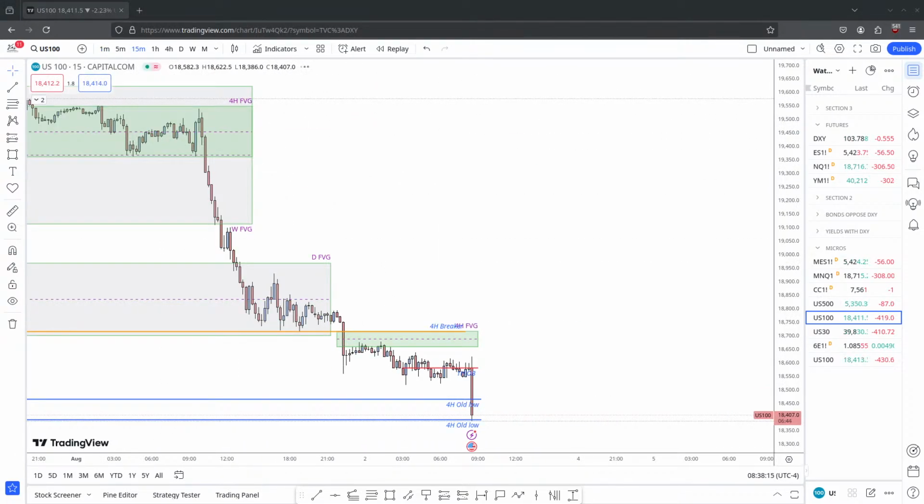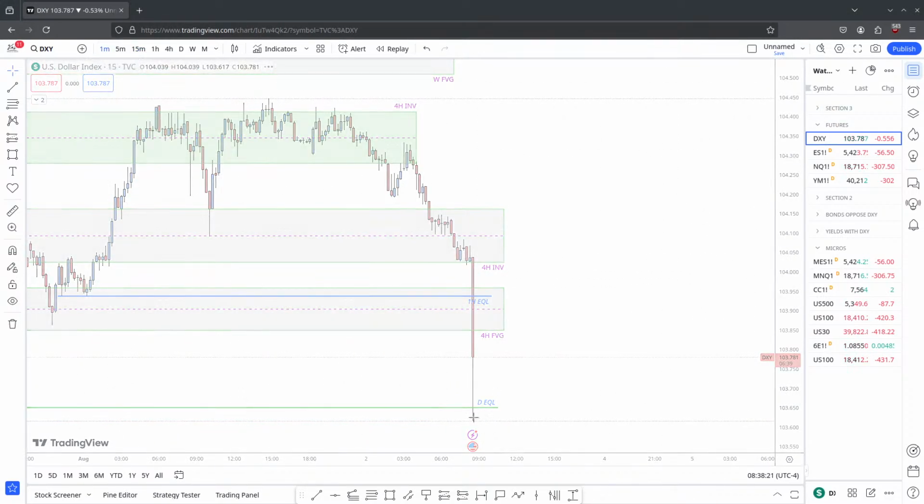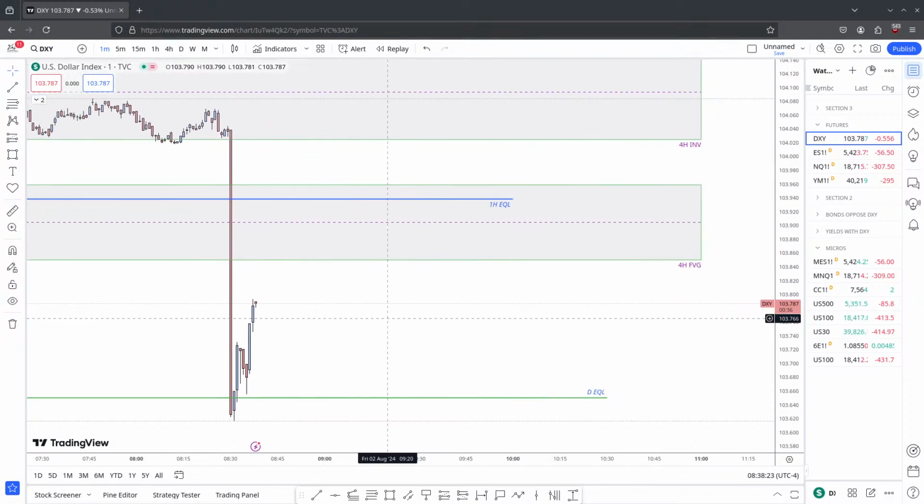Dollar index is still rallying higher, really rejecting this equal low, moving up higher.